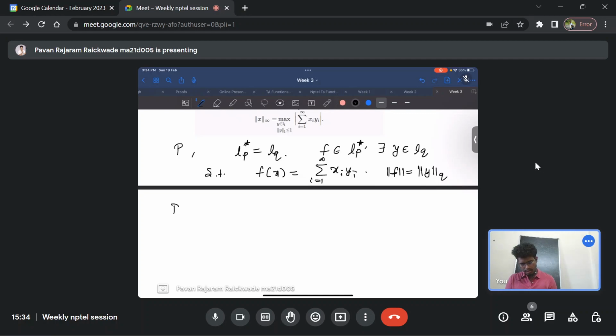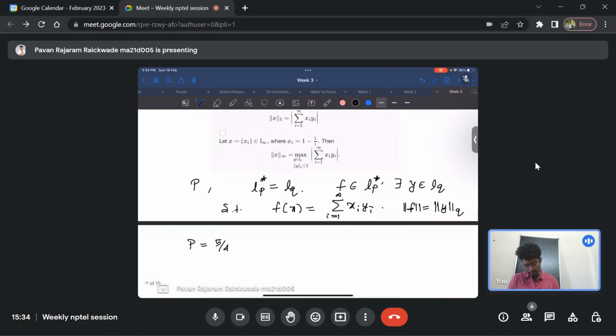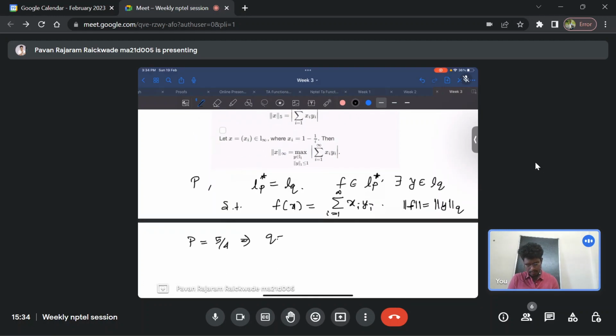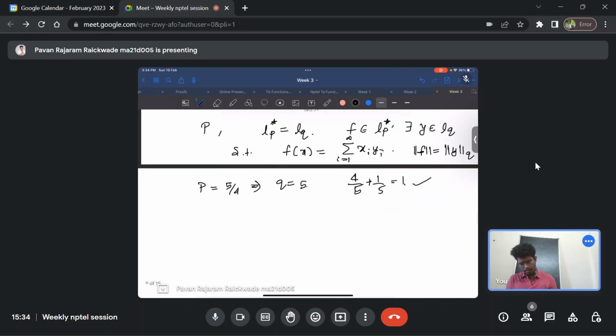So here, let p be 5/4. Which implies q will be 5, because 1/p is 4/5 plus 1/q is 1. So now I'll define a functional based on the x I have given.